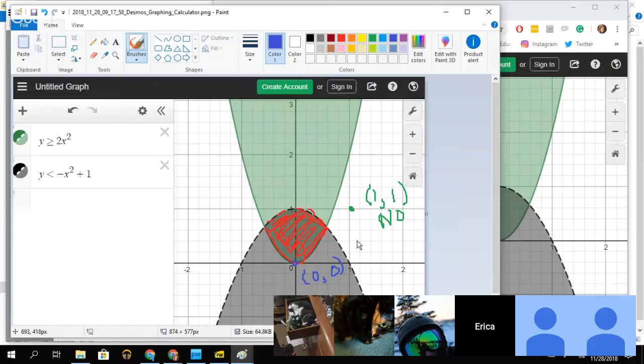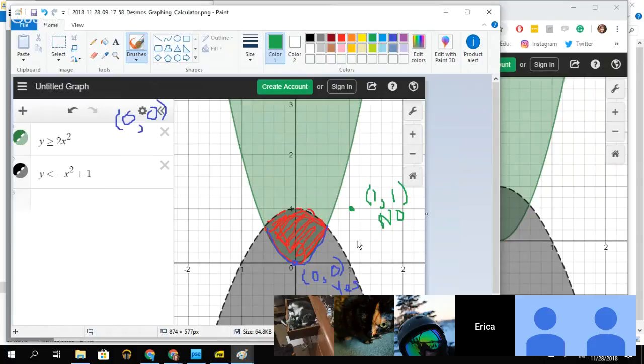Is that true for both of my parabolas? So 0, 0 is true for both of my parabolas, right? It's on the solid line down here, and it works in both of my equations. If I put in 0, 0 to both of these, then that's true for both. So yes, this is a valid point on both of mine.